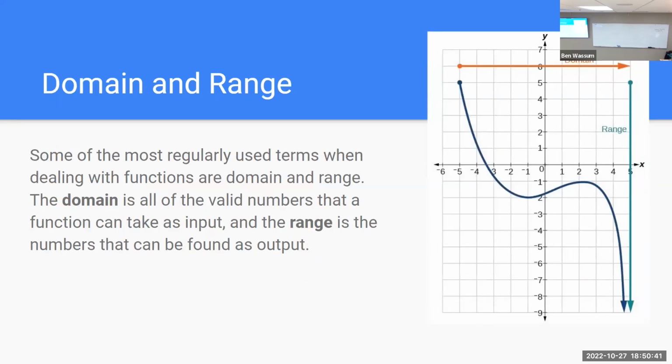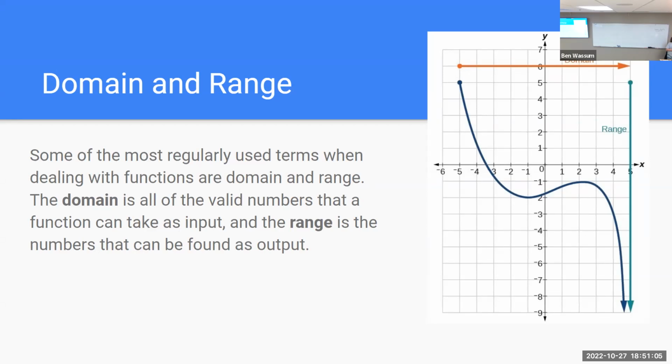So here's what I was talking about when I said that I would have a visual representation of domain and range. I like how this graph sets it up, because I usually have students get really confused over doing domain and range.